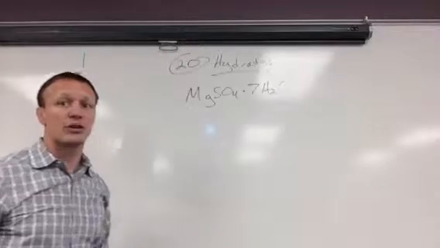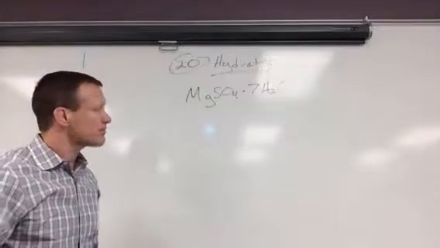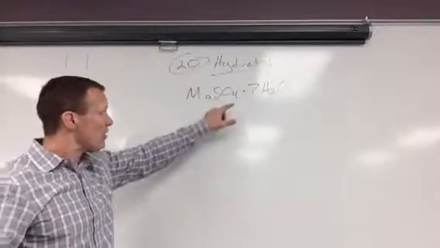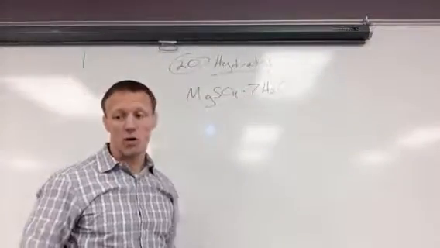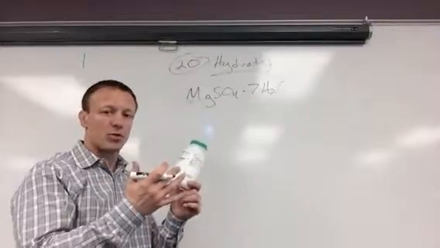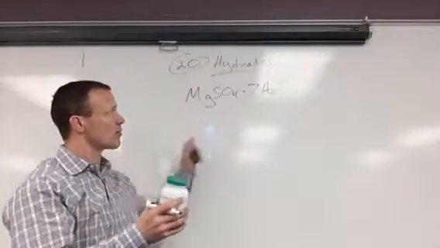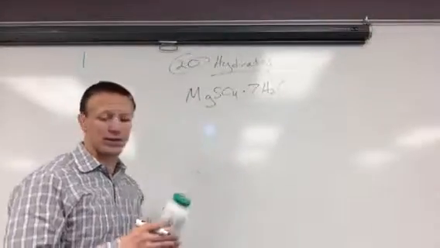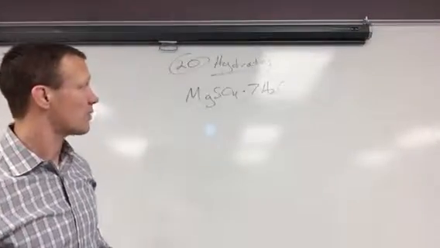Magnesium sulfate heptahydrate. So what that means is for every molecule of magnesium sulfate, there's 7 water molecules attached. Doesn't mean that it's wet, okay? Those are water molecules you cannot see, but there are water molecules in here. So when I buy this container, a lot of the mass of it is actually water.